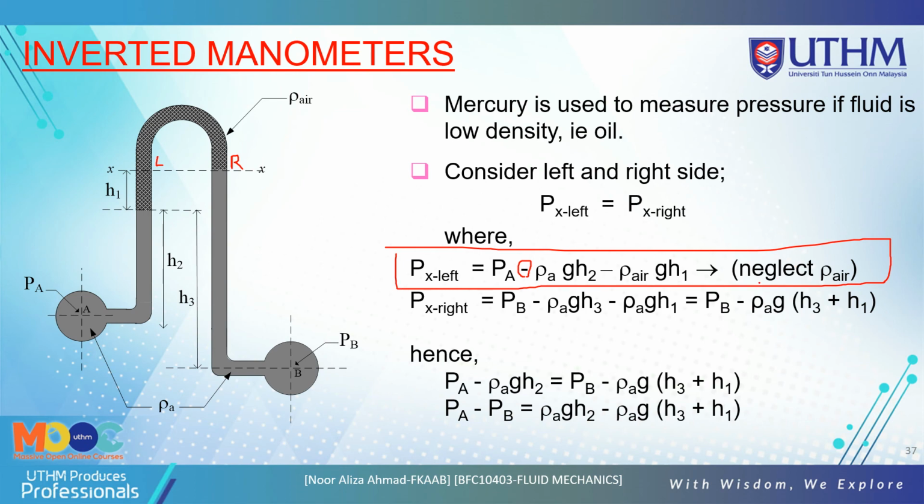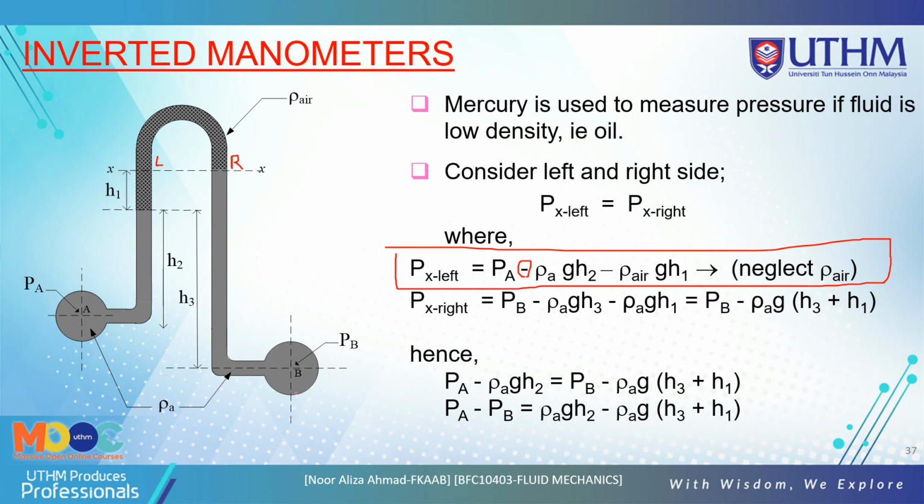Okay, so if they say neglect P air, in your test or in your final, neglect P air, so the air value is not there. Okay, so there's no air. So just only have this one. So now we look at the P right here. Okay, so P right at this part here.